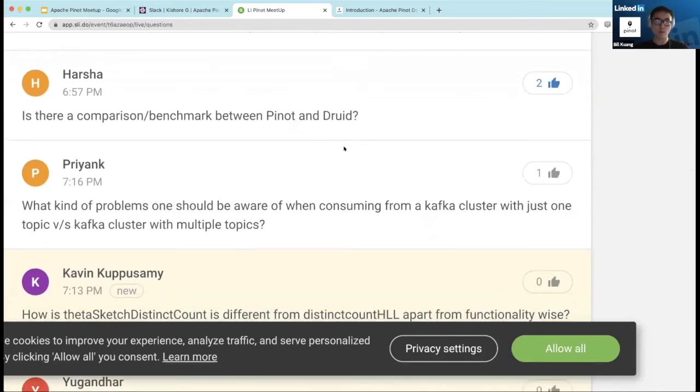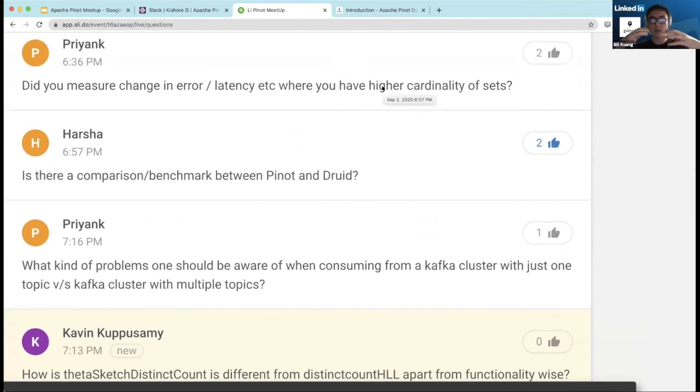We used our particular data set that we know will be serving real traffic, so we didn't mess around with the shape of the data. We want to fix the shape of the data as close to production as possible, and measure error and latency based on that. I hope that answered your question.